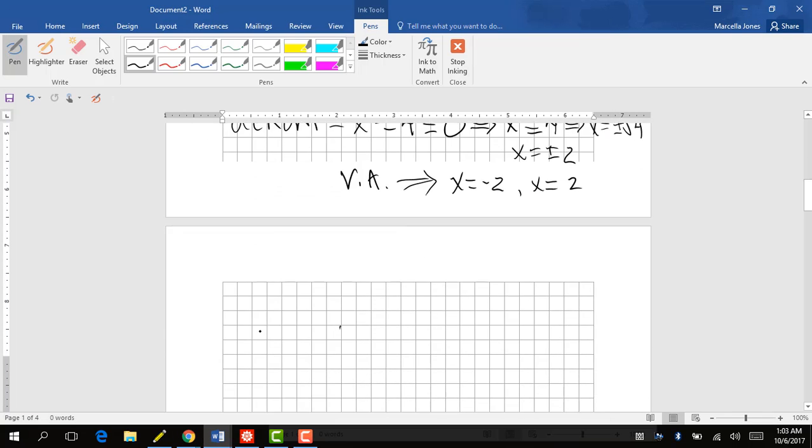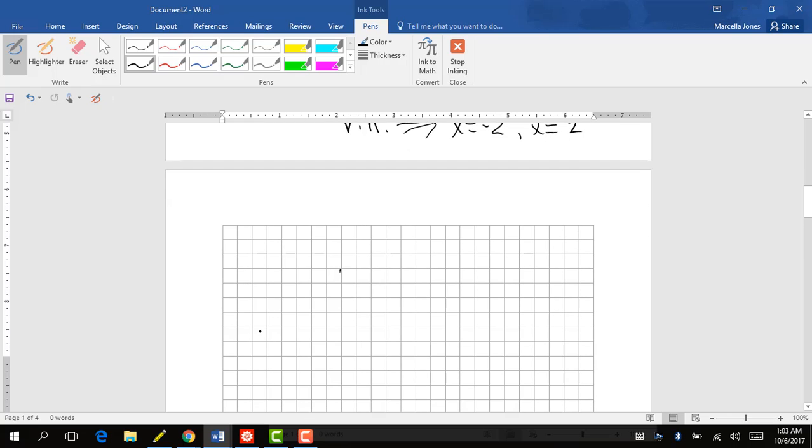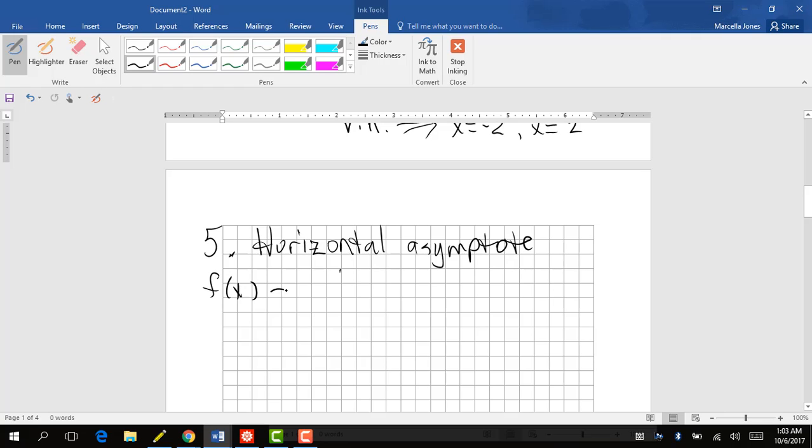When I want to find a horizontal asymptote, I'm looking at the degree of the numerator and the degree of the denominator of the rational function. Remember, my function is 6x squared over x squared minus 4. The degree of the numerator is 2, and the degree of the denominator is 2.